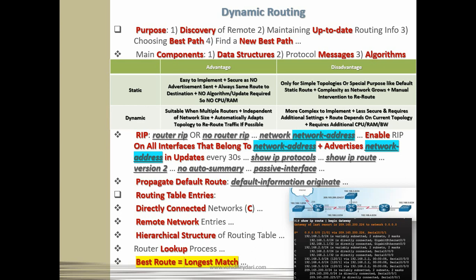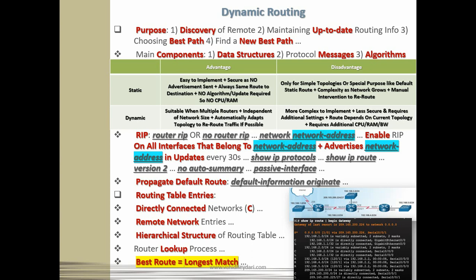This provides the default static route. We want to propagate it to other routers in the RIP domain. So we issue router rip, and then under router rip, we issue default-information originate to propagate the default route.